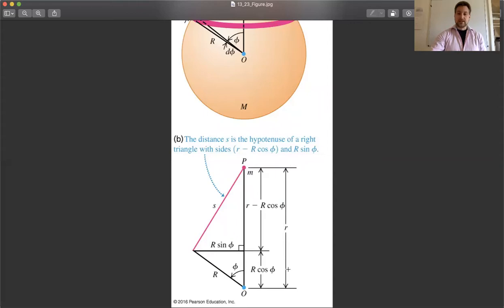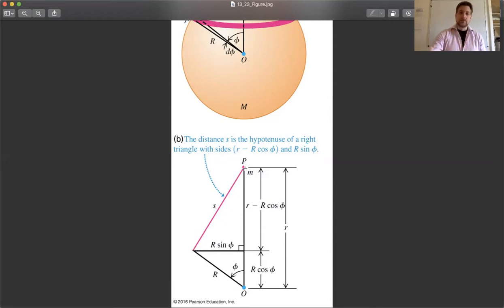The total distance from the center to point P is r. So this distance is r minus R cosine phi. So that's what we're doing, setting up a way to express s in terms of r, or vice versa, because we can do Pythagorean things with this right triangle: the hypotenuse s, short leg R sine phi, long leg r minus R cosine phi. Okay, so that's the story of the diagram.